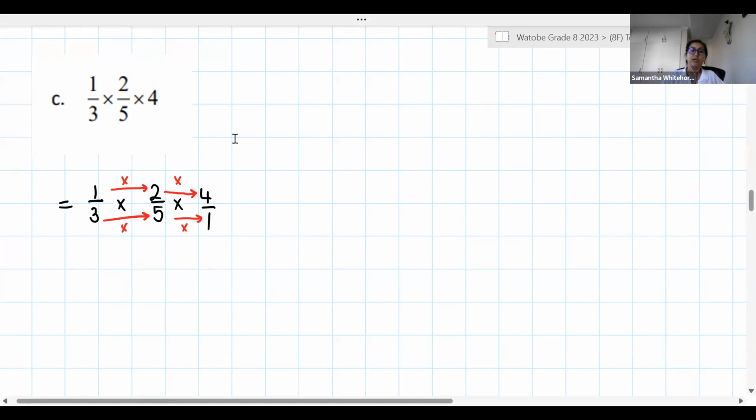Okay, but remember, guys, if you need to do it step by step, so first multiply the first 2, then the last one, that is fine. Don't rush it. Rather do it properly.